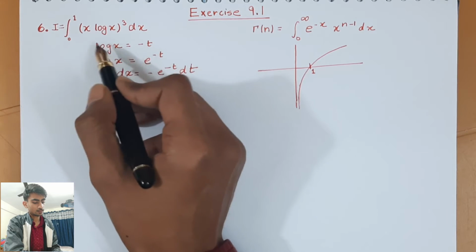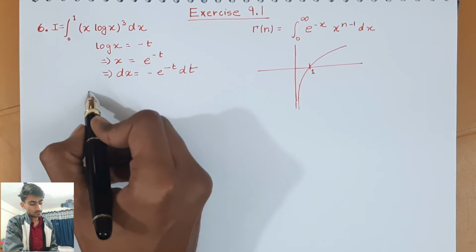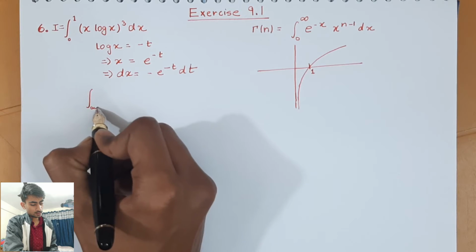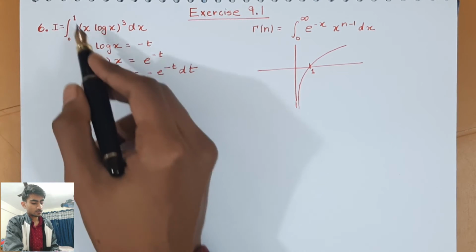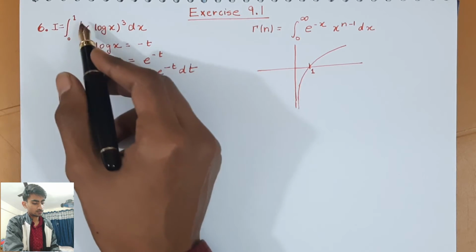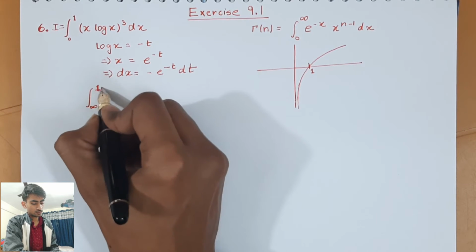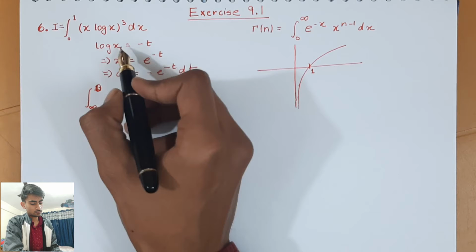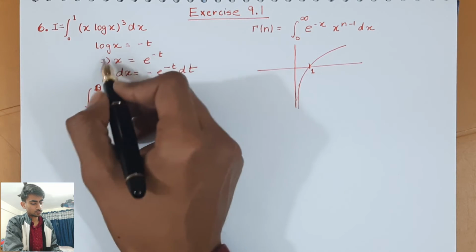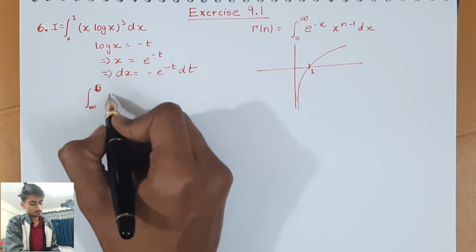Minus and minus sign cancels. So at 0 it would be infinity. Okay, log 1 is quite simple. Log of 1 is 0, so t would be 0.